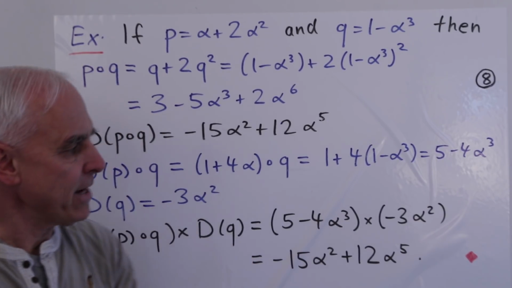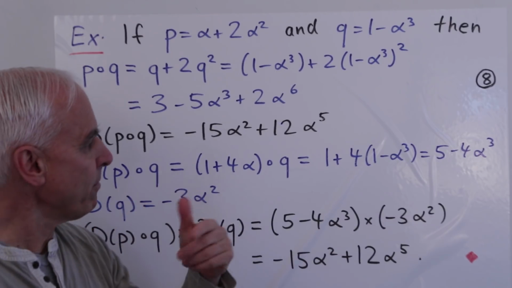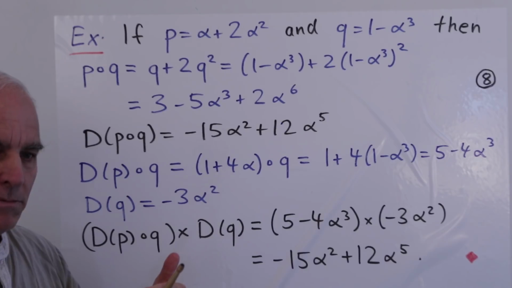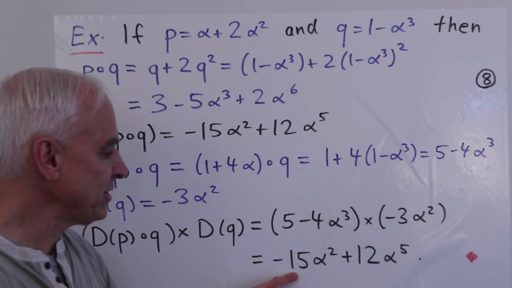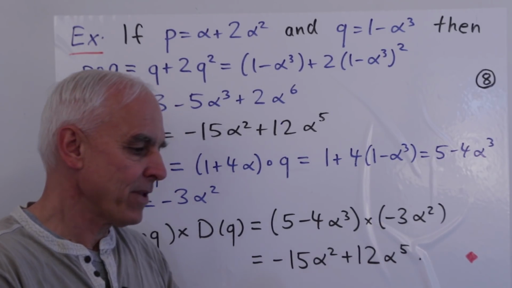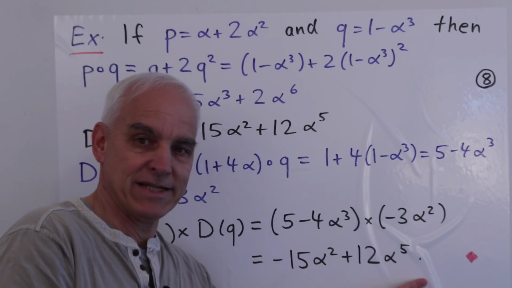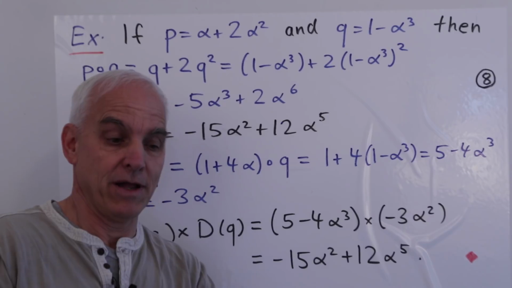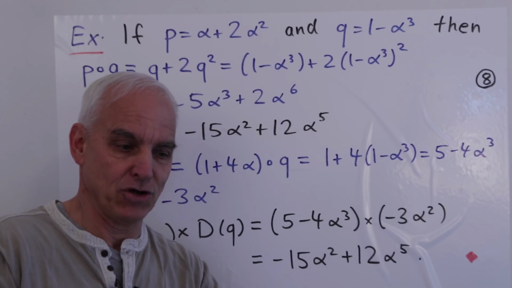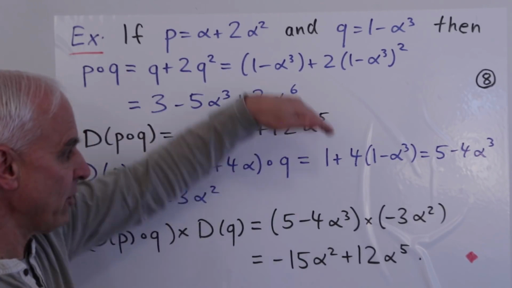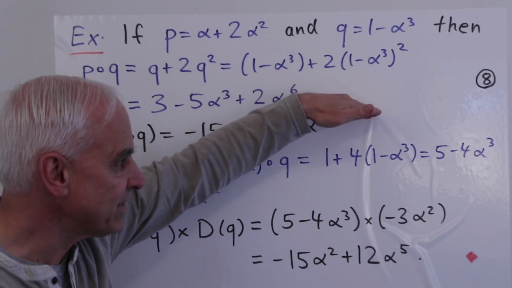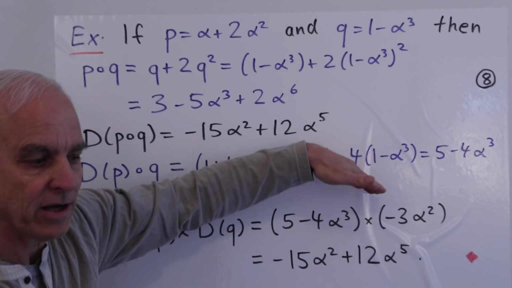And another thing that we're doing more and more is, when we write our polynumbers, we like to write them in terms of increasing powers of alpha. We like to start with the constant term, and then the linear term, and then the quadratic term, and so on. This corresponds to how we read it as a vertical column, starting with the 0th element, and then the first element, and the second element, and so on.